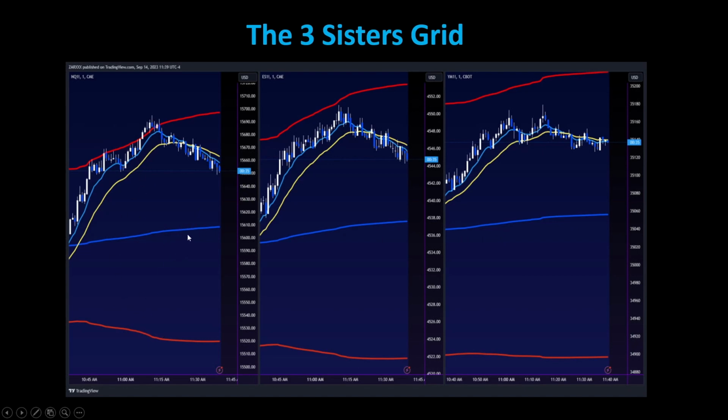You will also notice the 21 and the 9 EMAs on each of these charts. I also use a daily Three Sisters grid and a 30-minute Three Sisters grid. I don't include the VWAP on those two versions, but you get the idea.